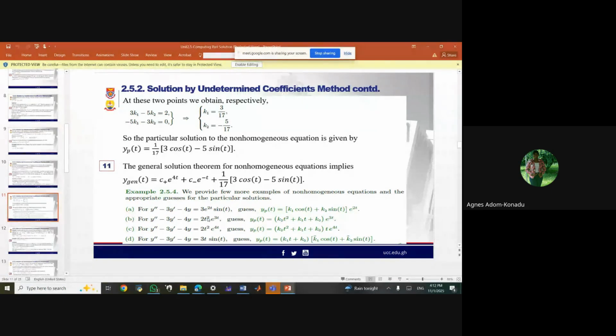If it's just t, then I'm going to get K1 t plus K naught. If I have to the power 3, then I'm going to get K3 t to the power 3 plus K2 t to the power 2 plus K1 t plus K naught. Please, did you get it?